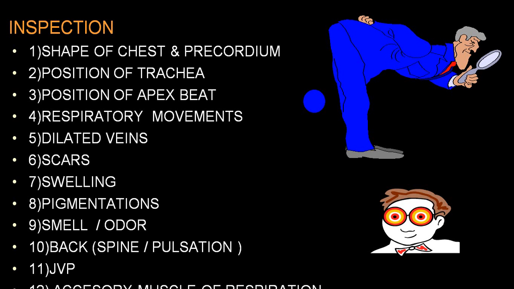While examining the posterior surface, you are standing on the posterior side of the chest, means you are standing posterior to the person, on the back of the person, and you are looking at the spine, you are looking at the ribs, you are looking at the scapula, and you are looking at suprascapular, interscapular and infrascapular region. And you are comparing right with left.